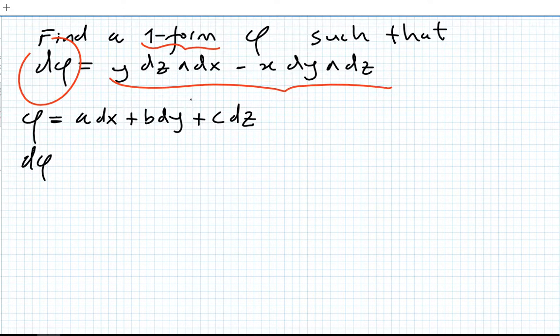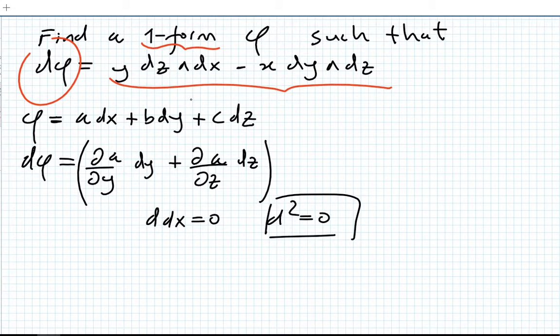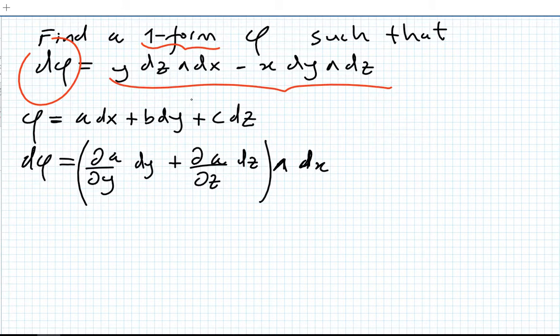So we have a dx here, so we have to do dA/dy dy plus the derivative of A with respect to z, dz. Why are we not going to take dx? Because d of dx is 0. It's a well-known fact from the derivative. I will do some videos on basic calculus for this sort of thing. Now we have to do the same for b.